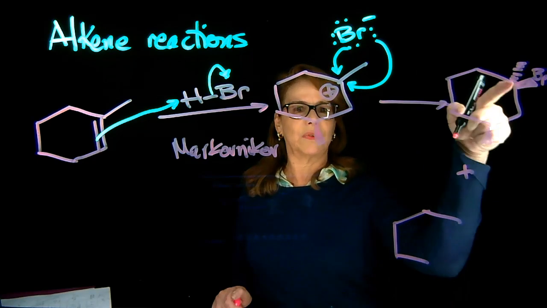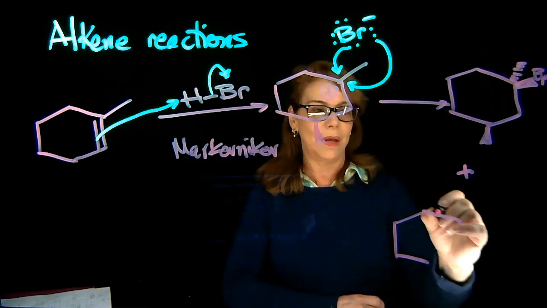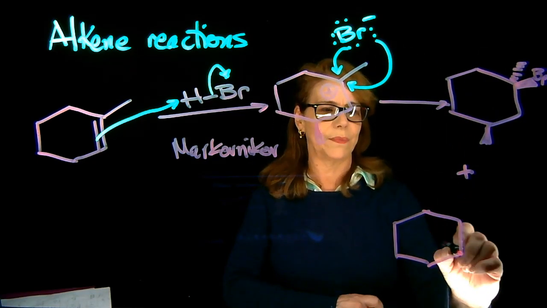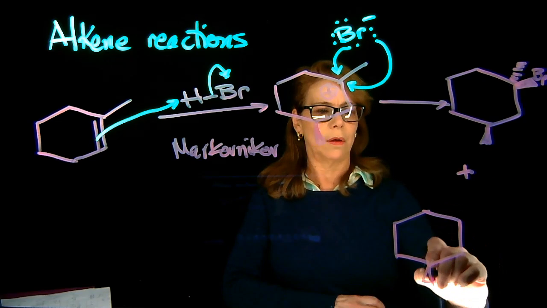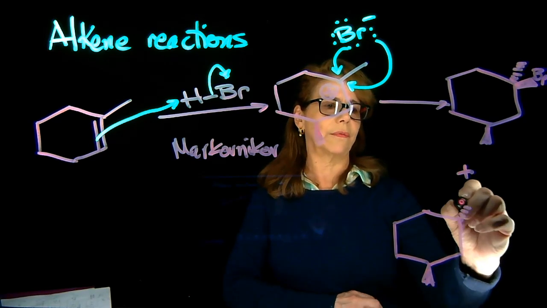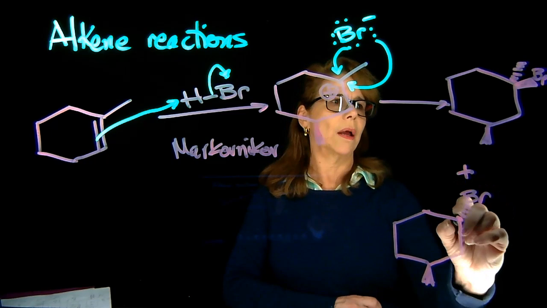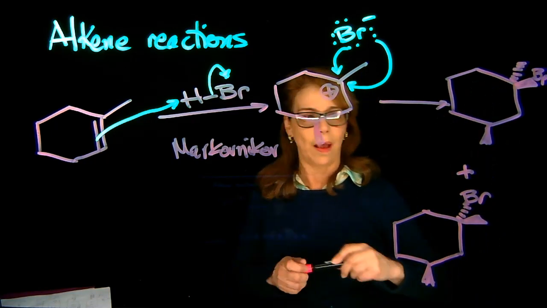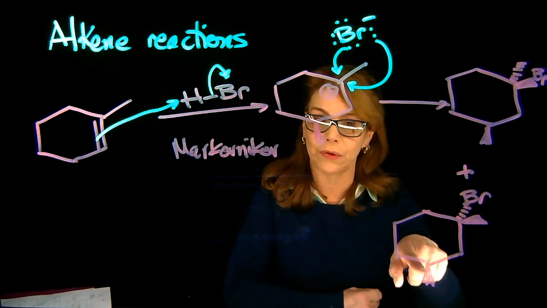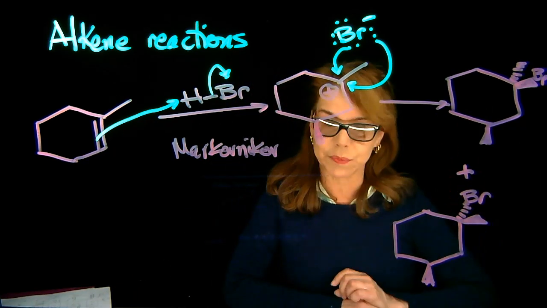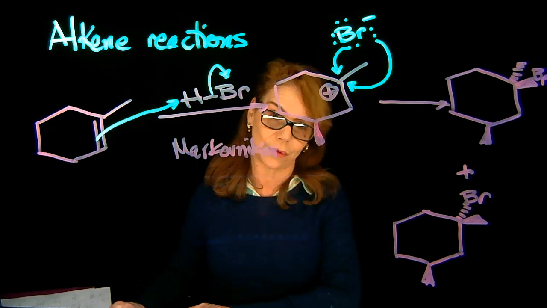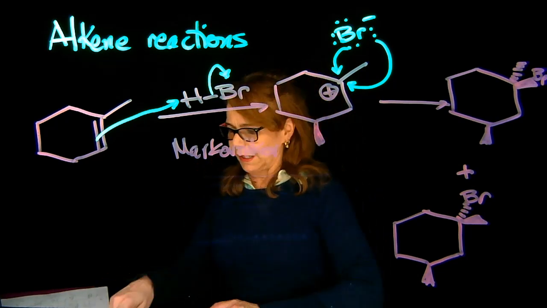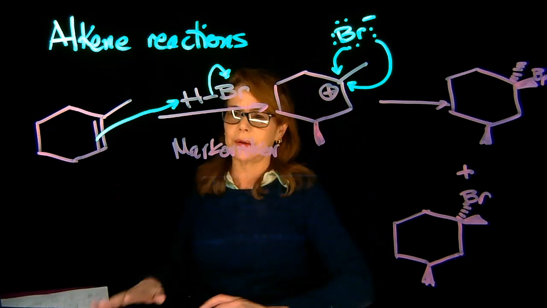Here I was attacking from the top, so bromide ended up on the wedge, but you can also attack from below. You can have bromide here. So at this center the configuration is inverted, but because we have another chiral center, the relationship between these two molecules is diastereomers. Okay, so that will be the Markovnikov path.